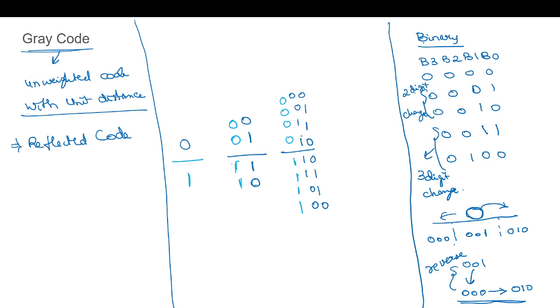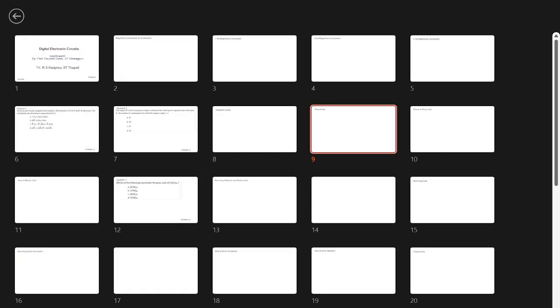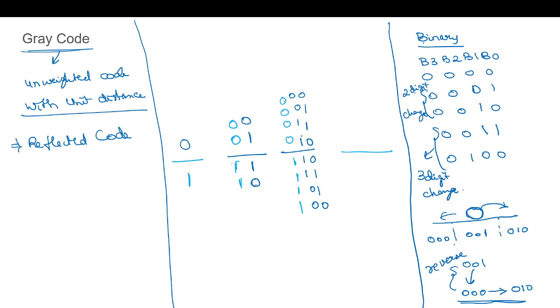Any doubts? Any question? So now if we try for 4-bit, then this complete 3-bit will come here: 000, 001, 011, 010, 110, 111, 101, 100.